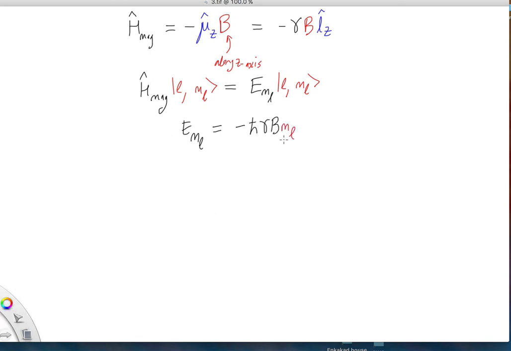Hence, since ml only takes a restricted number of values, depending on the angular momentum quantum number L, the energy only takes a certain number of values.